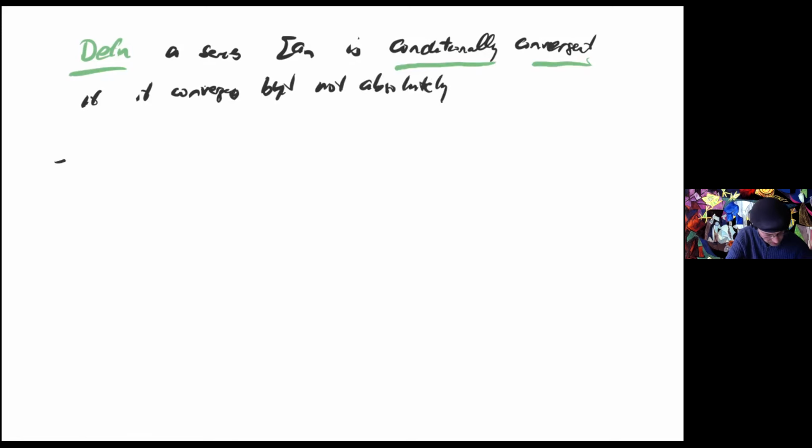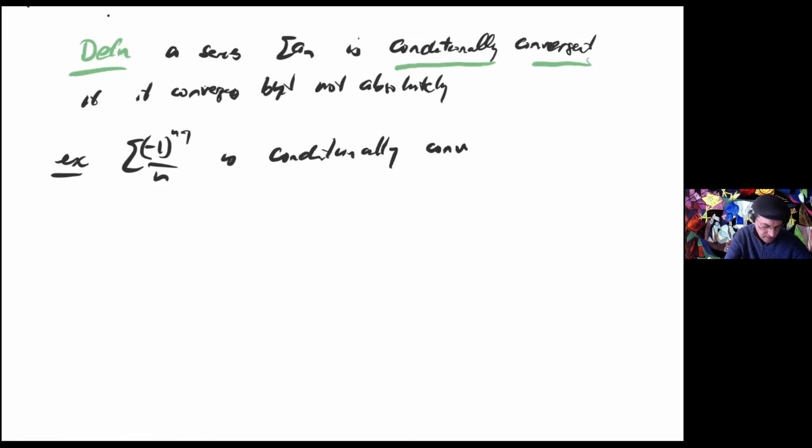And the example that I just gave, summation (-1)^(n-1) over n, is conditionally convergent because it converges by the alternating series test, but its series of absolute values is harmonic, which diverges. Okay, so we have the notion of conditional convergence, and we have the notion of absolute convergence.